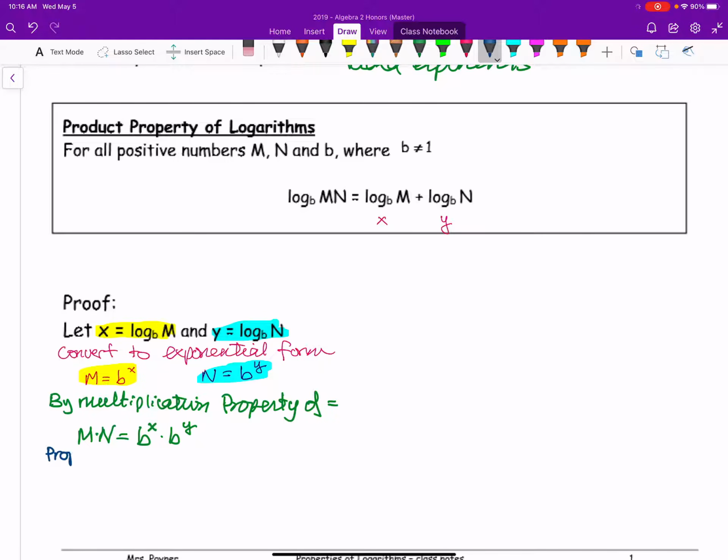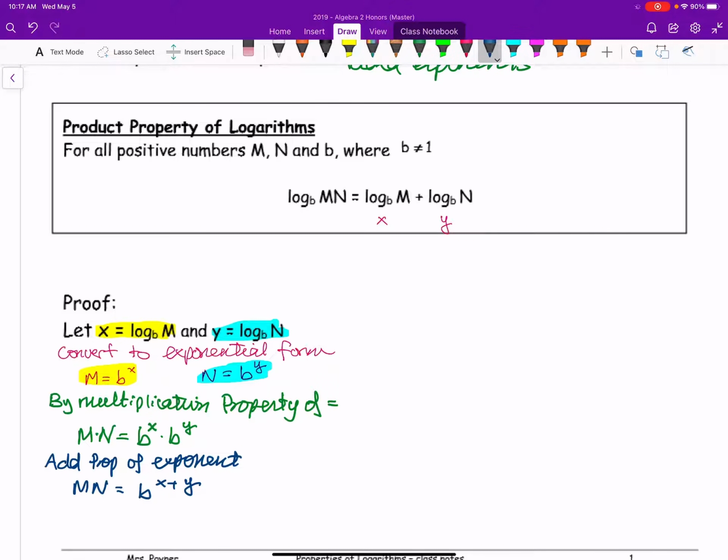And then we're going to use the addition property of exponents. It's one of the properties of exponents, which we just reviewed at the top. I know that m times n is equal to b to the x plus y.